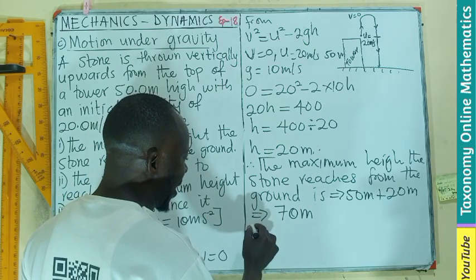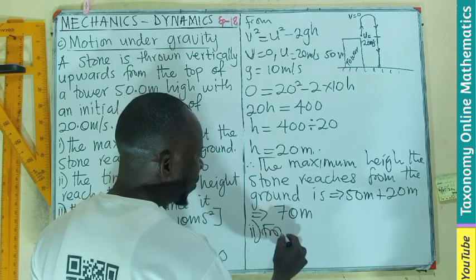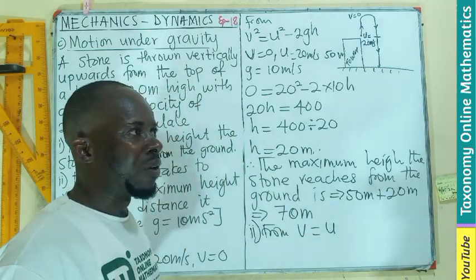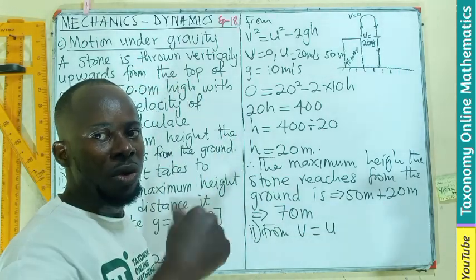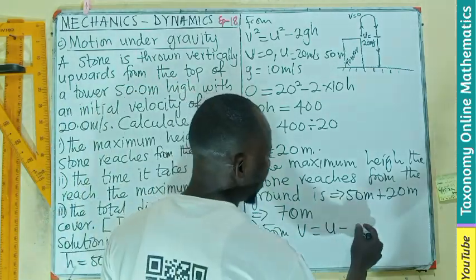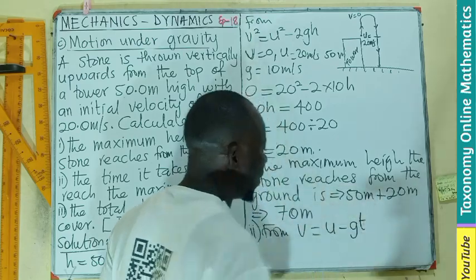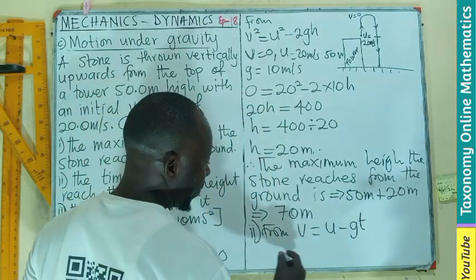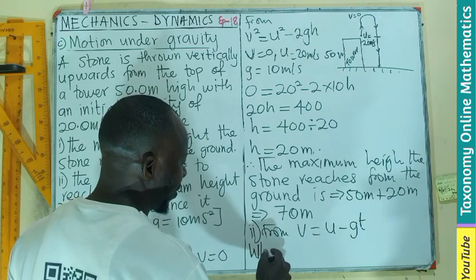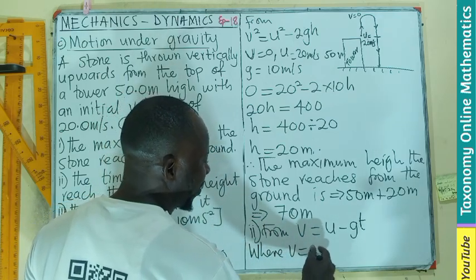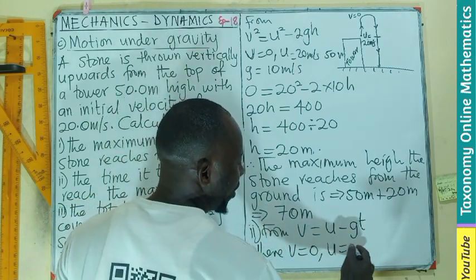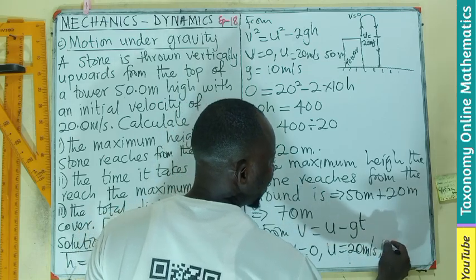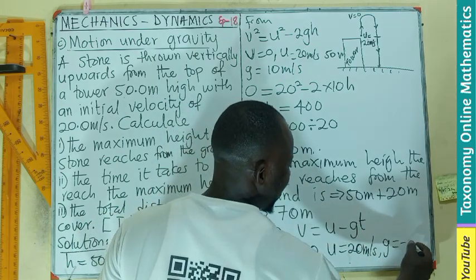So from the second part, I only say that from V equals U, we are still looking at its movement upward. So negative what? Gravity. G what? T. So here, V will be 0, U will be 20 meters per second, and gravity will be negative.